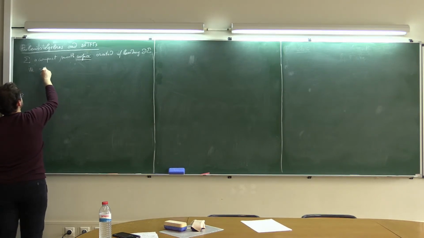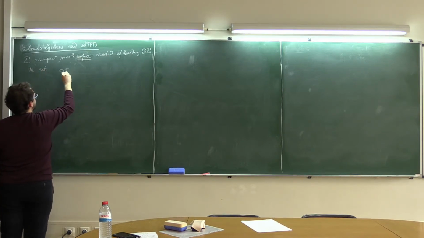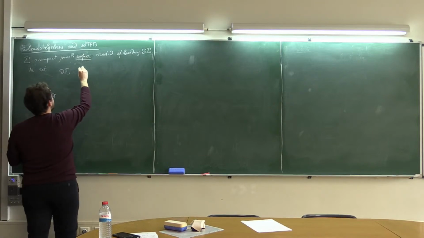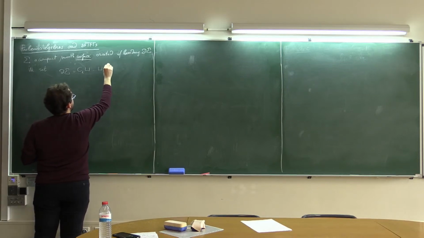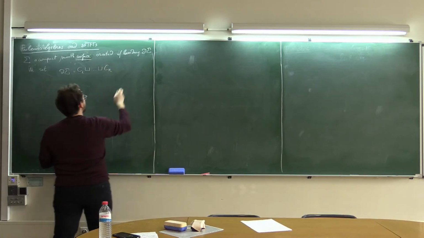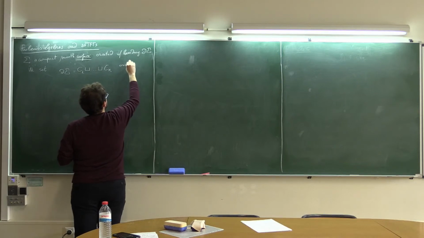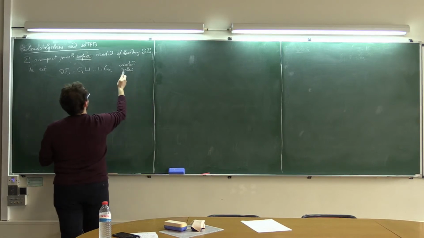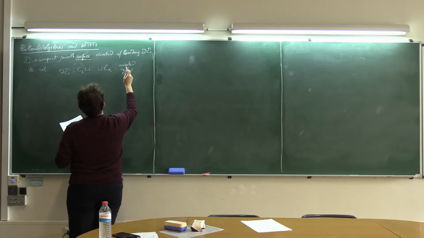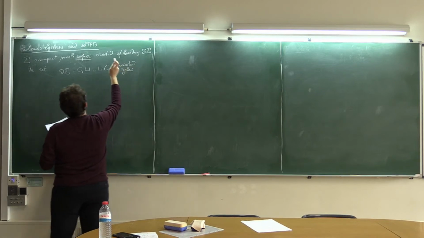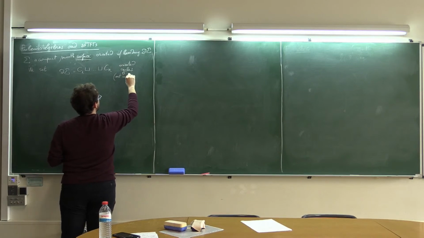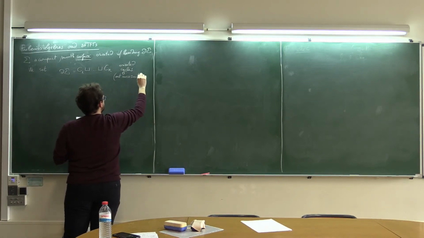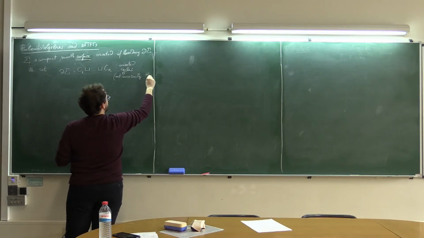In particular, it says that the boundary is a disjoint union of cycles S1. So I will set C1 to be the disjoint union of oriented cycles. As I said, the orientation is not necessarily the one induced by sigma.